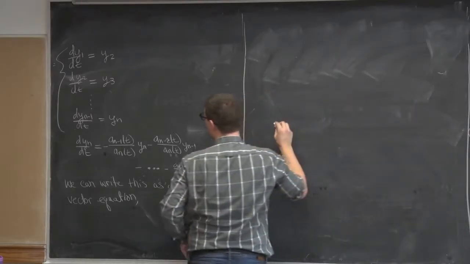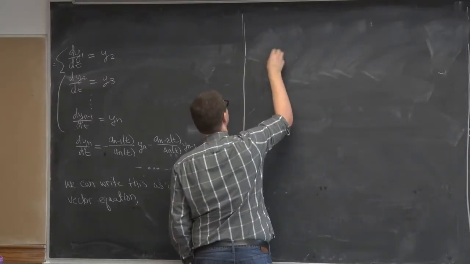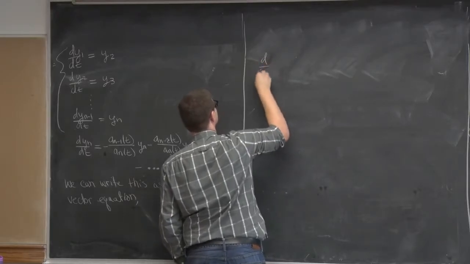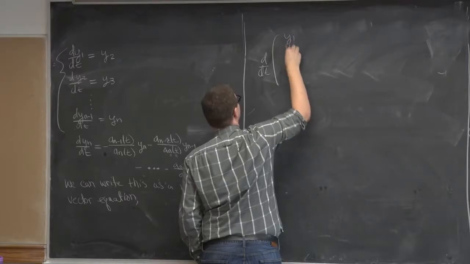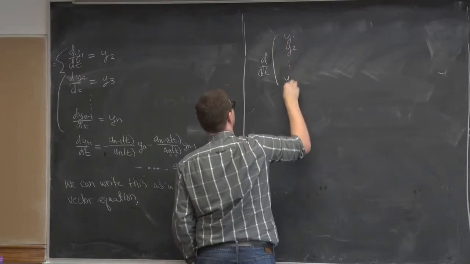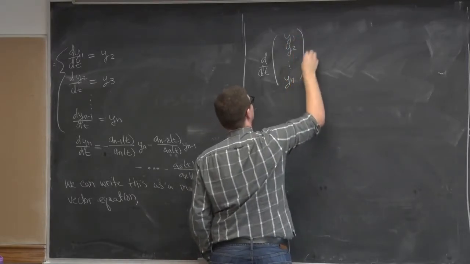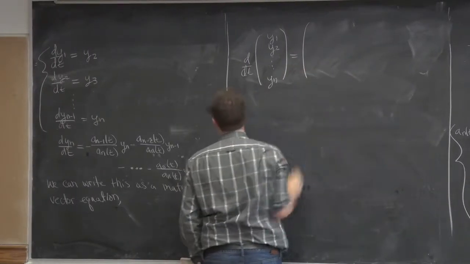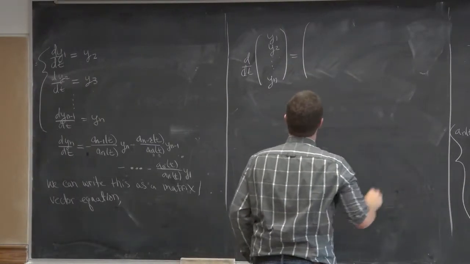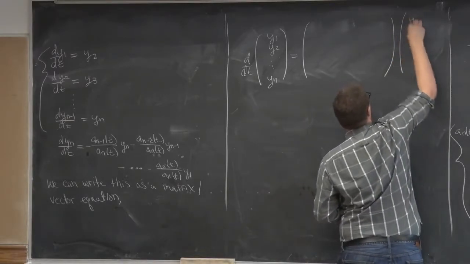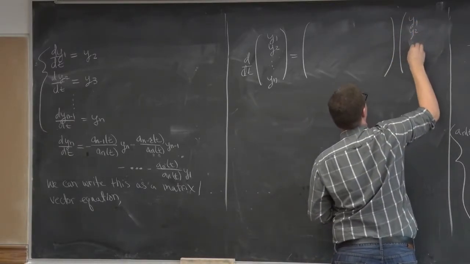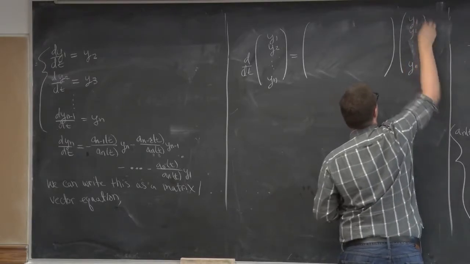All right. And so we have d/dt of (y1, y2, ..., yn). So this is equal to some matrix here. And then we have y1, y2, yn.